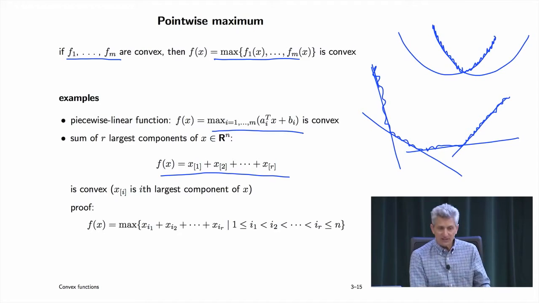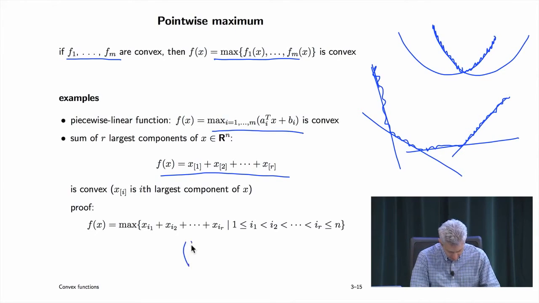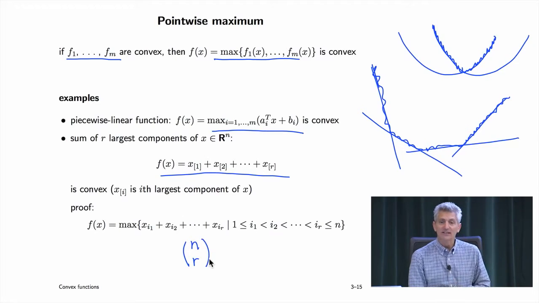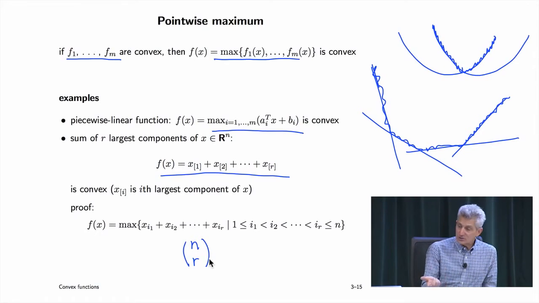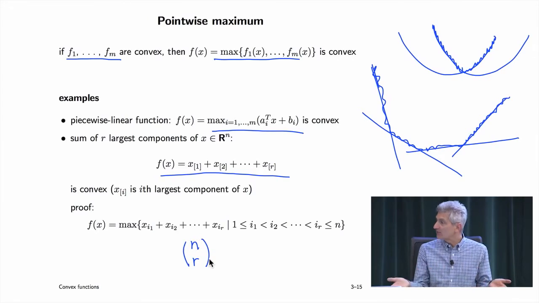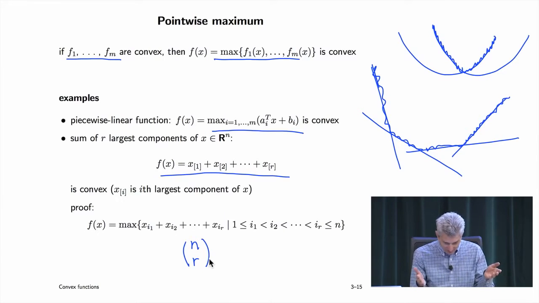But it's actually very easy to say what it is. It's a maximum over n choose r linear functions. Because what I do is this. I take all vectors which consist of r 1s and n minus r zeros, of which there are n choose r, right? So I take all those vectors, and I take the linear function, which is that vector inner product with x. Each one of those inner products is the sum of 5 particular elements.